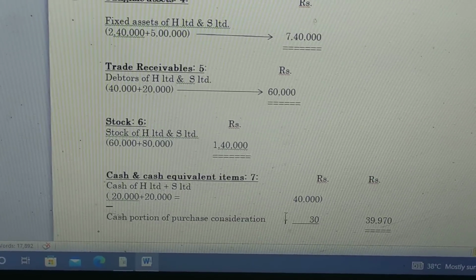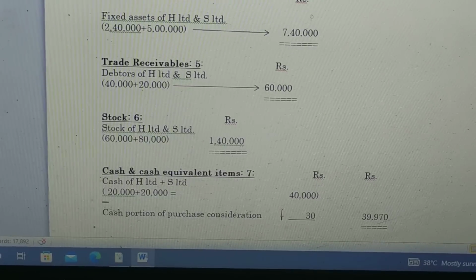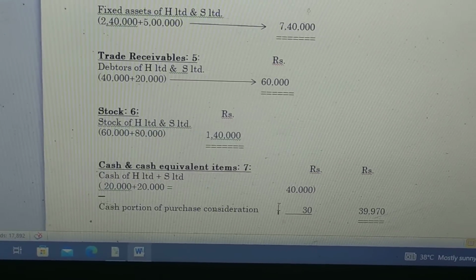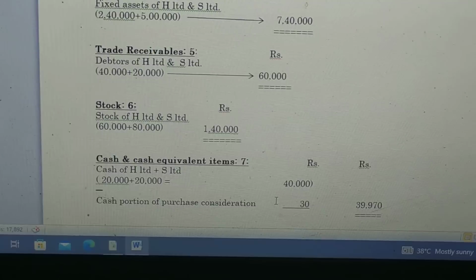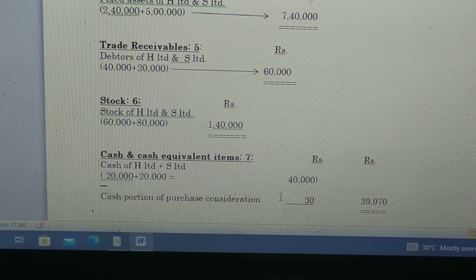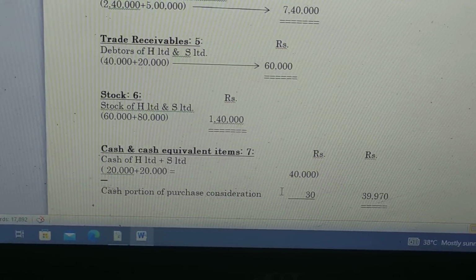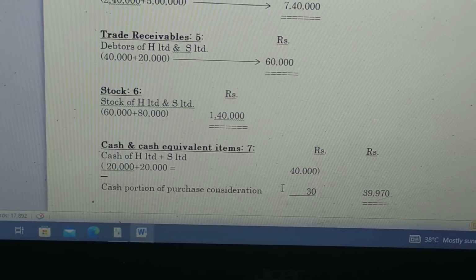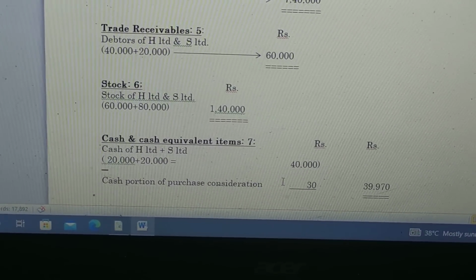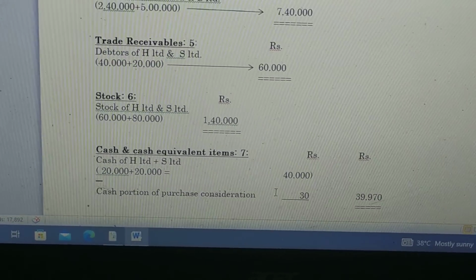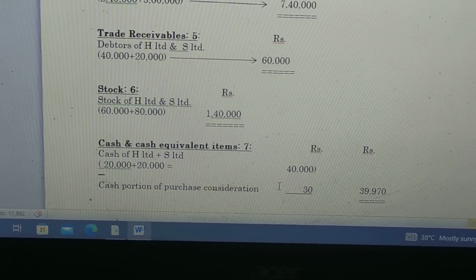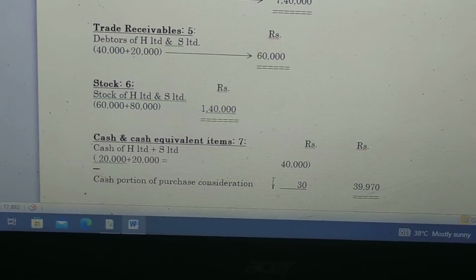And the note number 7 is cash and cash equivalent items. Under the cash and cash equivalent items, we have to mention cash of H Limited and S Limited. The amount is rupees 40,000. It means 20,000 plus 20,000. Then minus cash portion of purchase consideration. It means fractional payment made by cash.